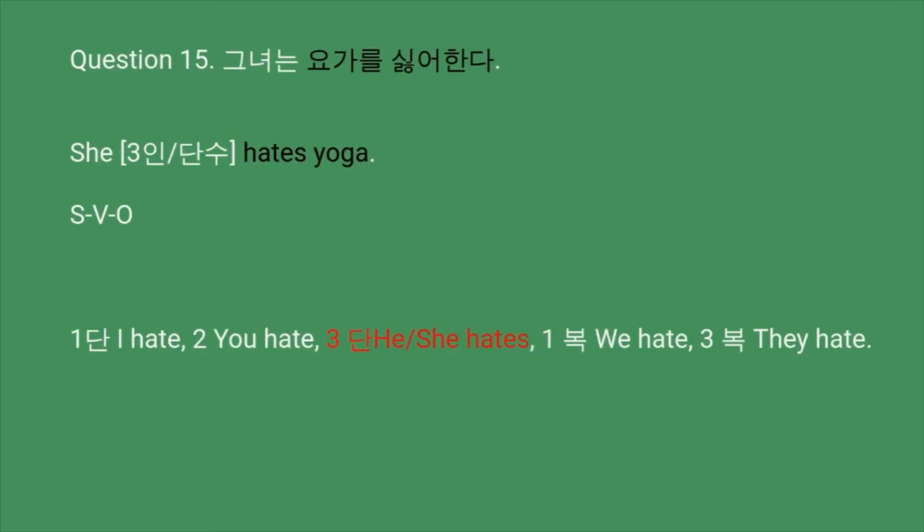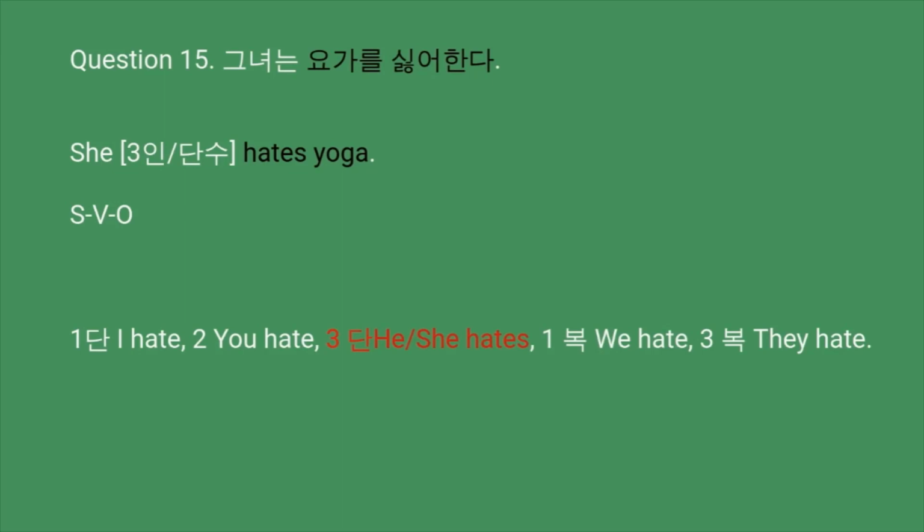So let's have a look at what we should write for question 15. So we saw there we've got she and two gaps, so the subject she and two gaps. The Korean there is 그녀는 요가를 싫어한다. So everything except the subject there, 요가를 싫어한다, we have to translate into English. So we can make the phrase she hates yoga.